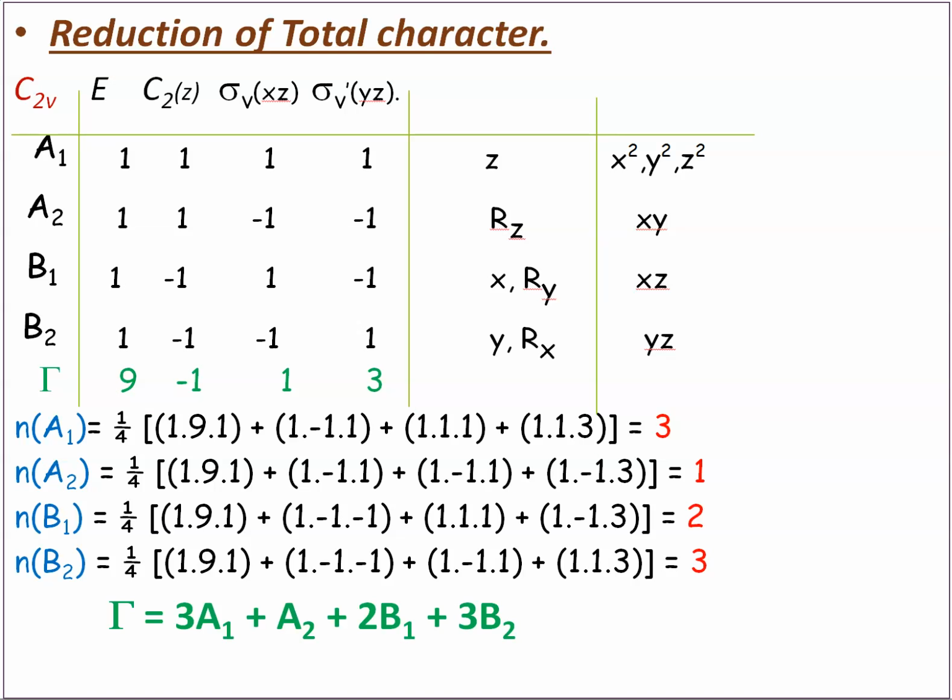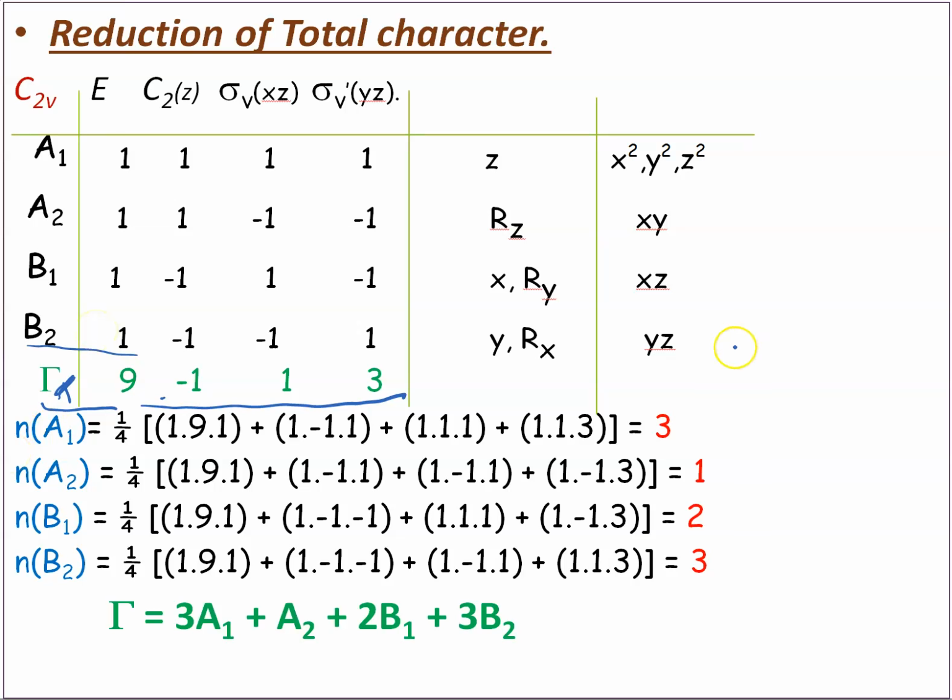And the next step is, this is our total character. This is actually a reducible representation. So the next step is to reduce it into irreducible representation. This is the total character. Okay, and this is the character table for C2V. Using the character table of C2V, reduce this total character, which is a reducible representation, into irreducible representation using our reduction formula.